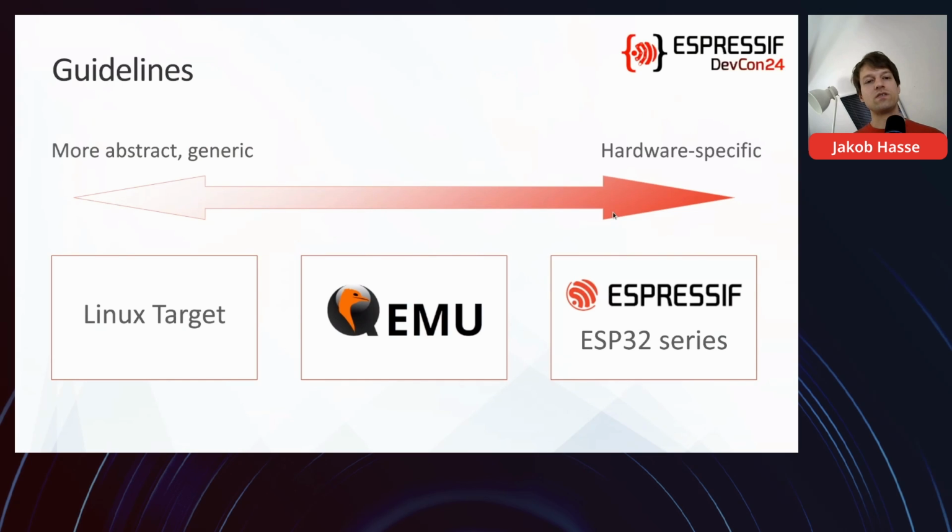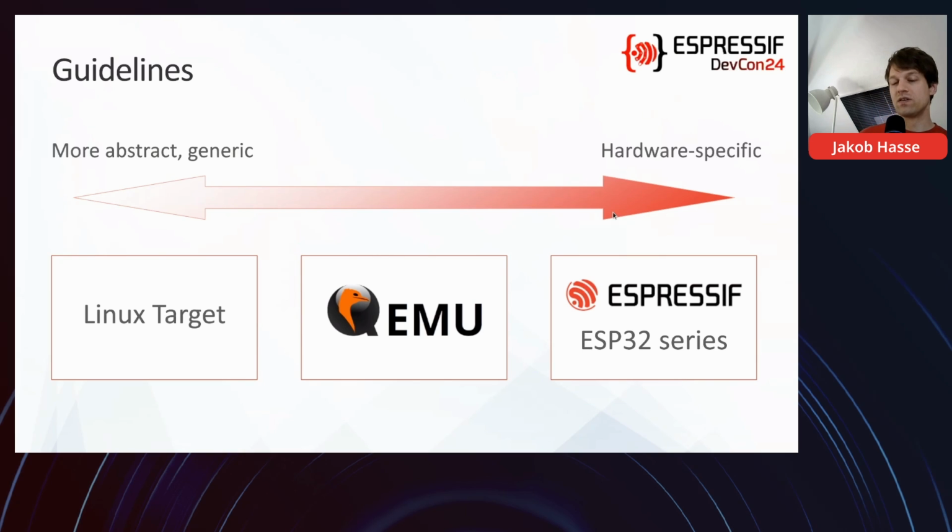In general, there's a spectrum of code, right? We have more abstract code that's fairly generic, and we have some very hardware-specific code on the other side. So for the quite abstract and generic code, as a rule of thumb, probably the Linux target is a good solution when you want to develop and test code.